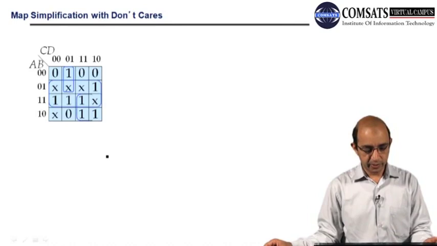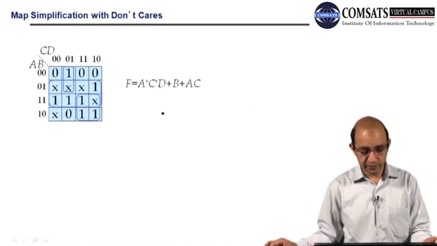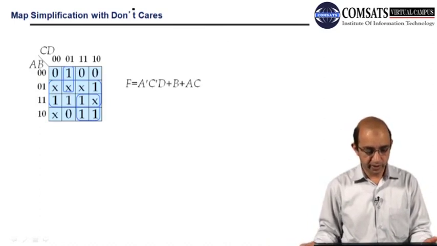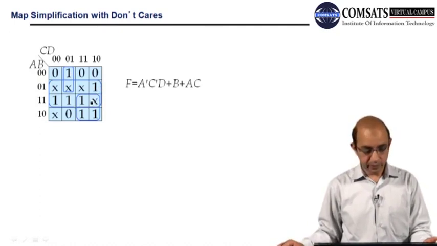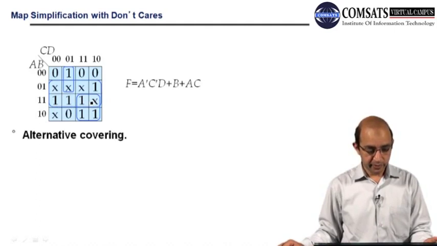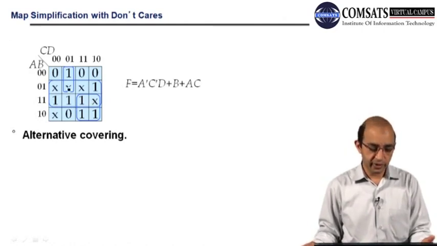So here are more examples. You can see that we have used don't care conditions. We have 1 here, and 1 here, and then we have 3 ones here. So this is one way of using don't cares.